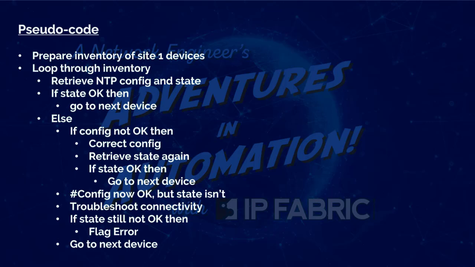There's a loop there that means you go through all of the devices in the inventory and you step through retrieving the config and state, checking the state, checking the config, and so on. So you've basically broken this down into a set of steps, loops, and conditional statements.